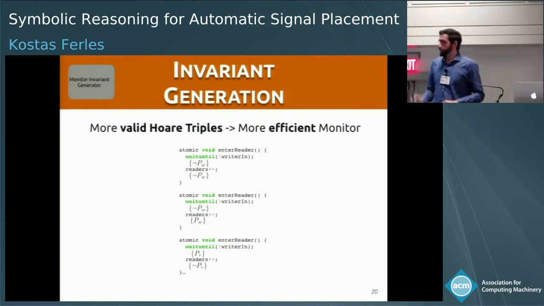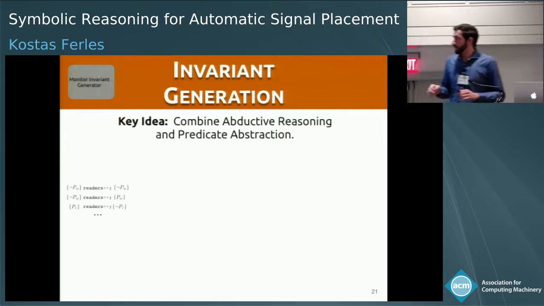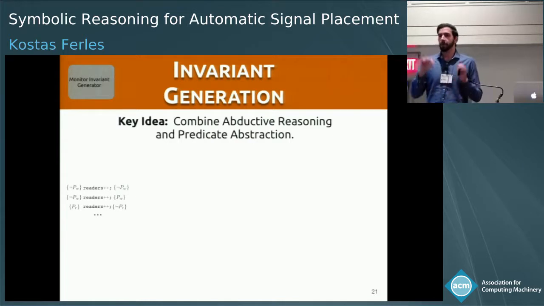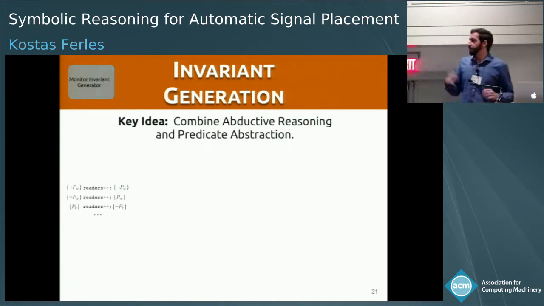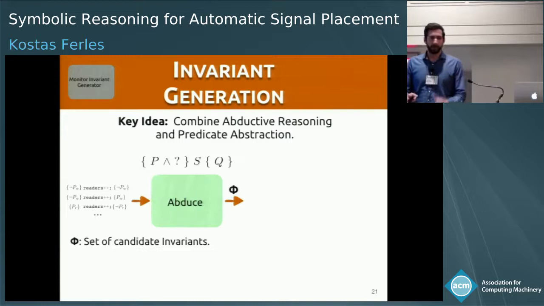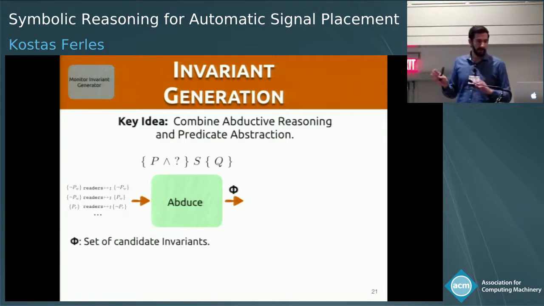In order to do so, we're going to take a demand-driven approach. And the key idea here is to combine abductive reasoning with predicate abstraction. On a very high level, first we're going to collect all the Hoare triples that our signal placement algorithm is going to generate, and then call a method named abduce on each of them and store the results into a set phi. You can think of abduce as working in the following way on a very high level.